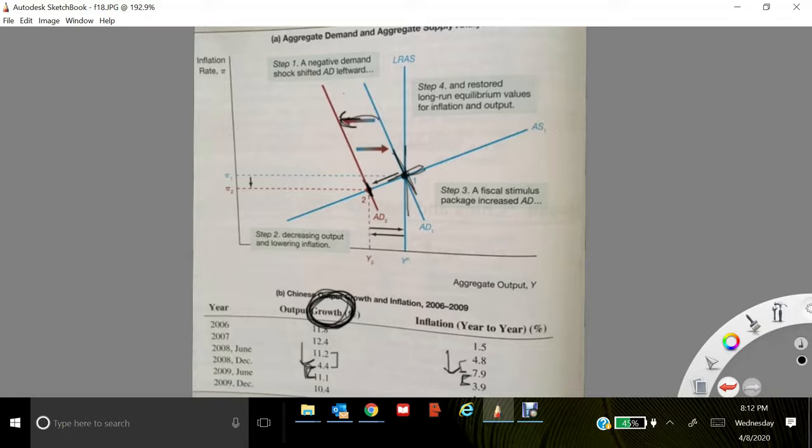So that initially we had Chinese exports falling, then the stimulus package going this way, causing aggregate demand to go back this way. So growth falling here, growth increasing here. Okay.